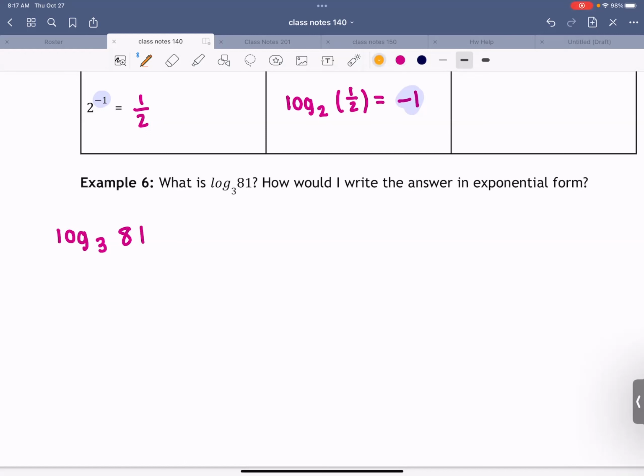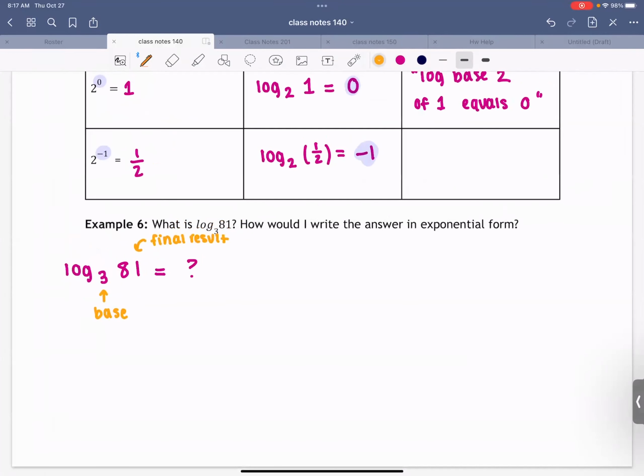Going back to how I labeled everything in my chart, I know that 3 is the base, and I know that 81 is the final result. This question is asking us what this log equals.